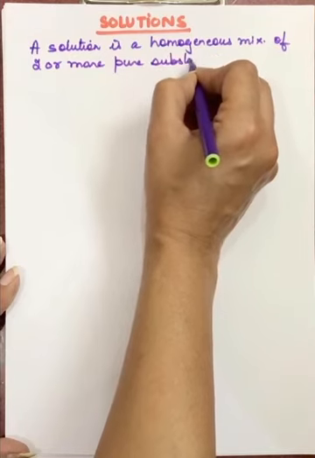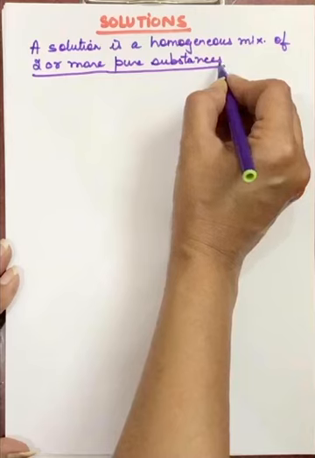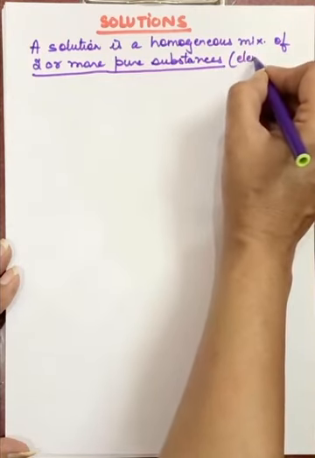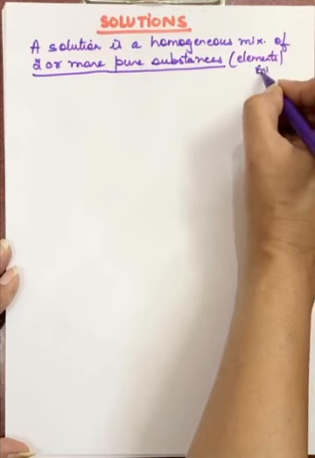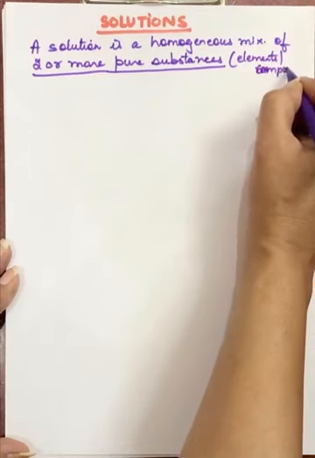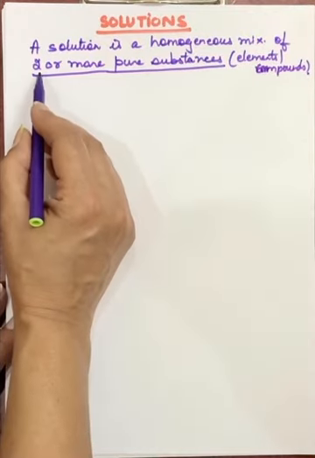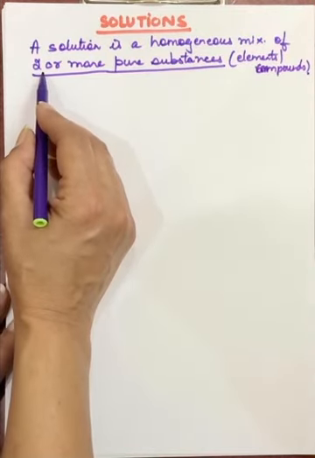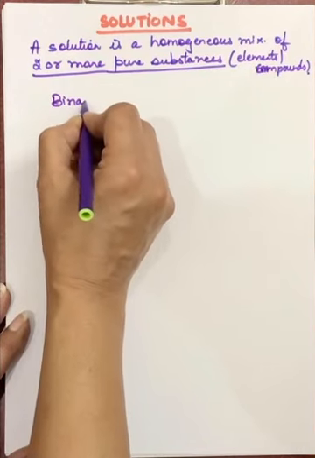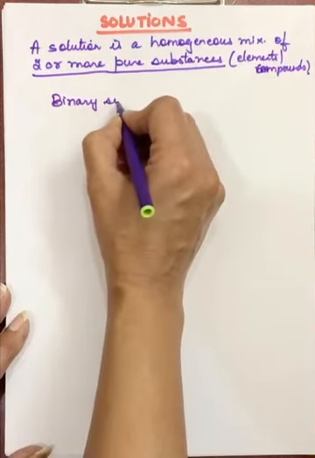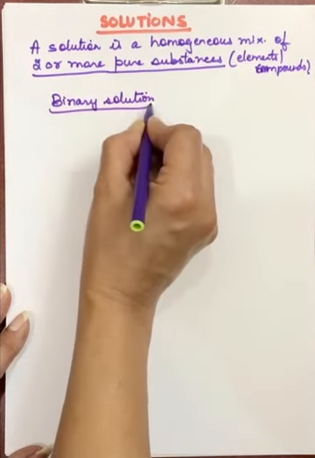So a solution is a homogeneous mixture of two or more pure substances. Pure substances means these can be elements or these can be compounds. Elements and compounds come under pure substances. Now, like we have done here, there can be two or more substances in this, but we are restricting our topic only to binary solutions, where there will be one solute and one solvent.